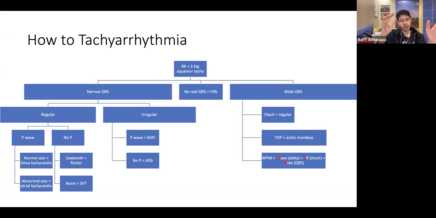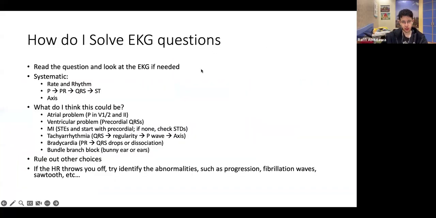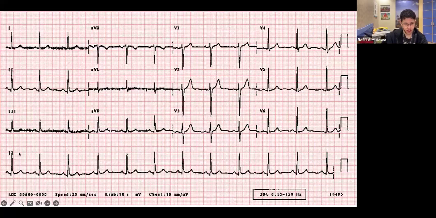So we mean the heart rate has to be over 100, meaning the RR interval, the difference between two QRSs, this right here, needs to be three big boxes or less. So this is box one, box two, box three. If it's smaller than this, it is a tachyarrhythmia.